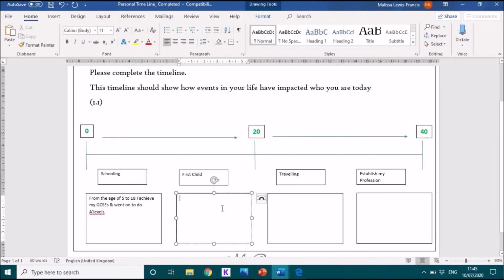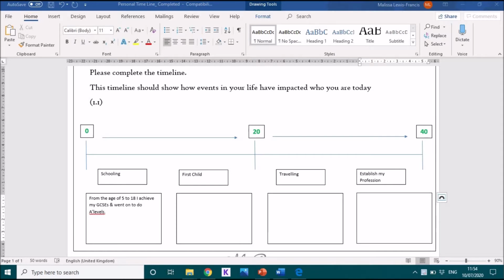Here, you can continue the story, and actually what you'll get is a picture, a narrative of your life, a timeline of your snippets of vital events in your life.